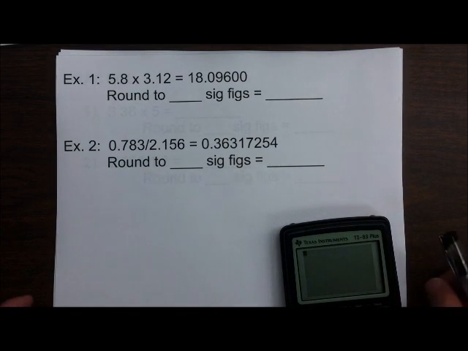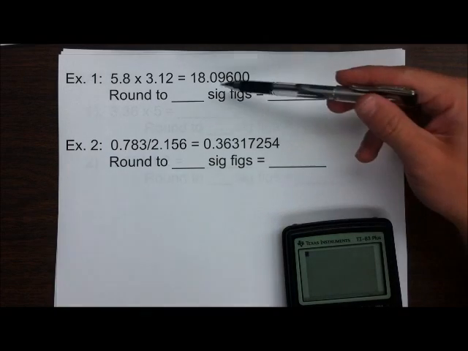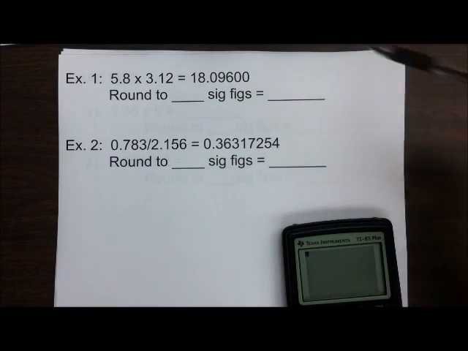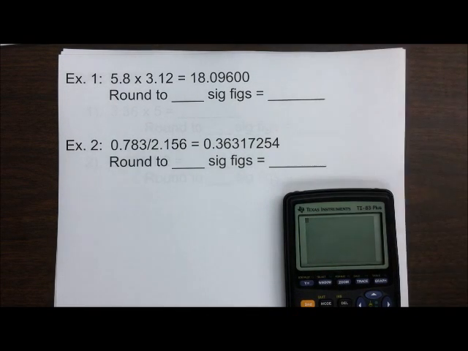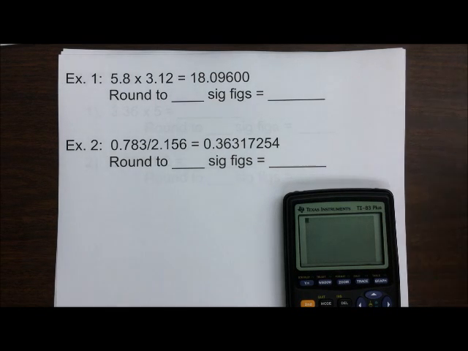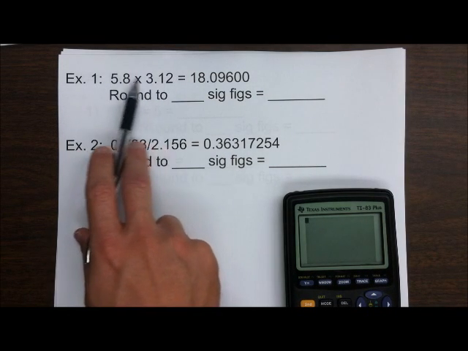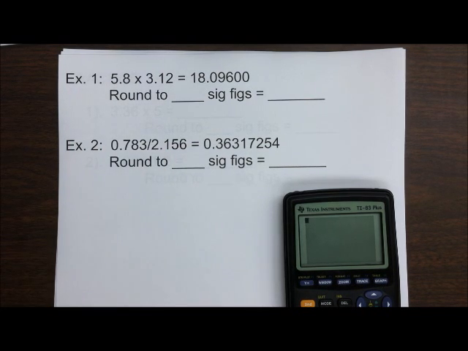So for this first one, 5.8 times 3.12 gives us 18 point all these numbers. Now don't write this number on your paper because some of those numbers have no meaning based upon the rules of sig figs. So looking at the two numbers involved, this has 2 sig figs, this has 3.